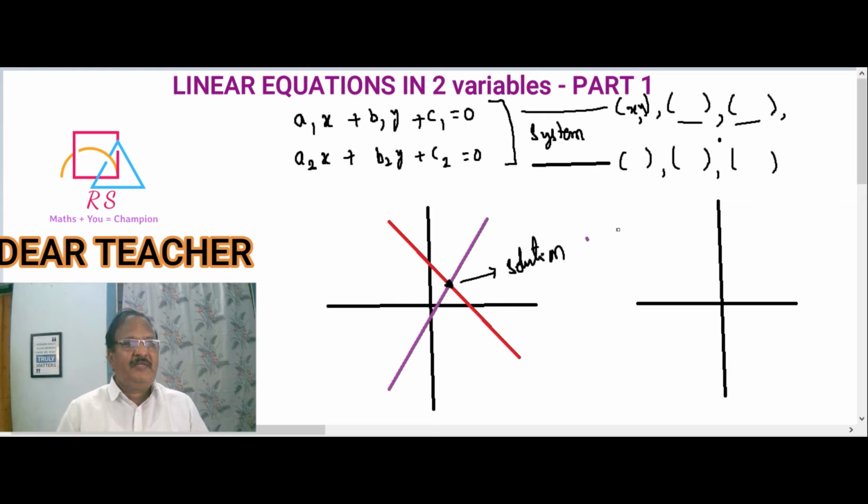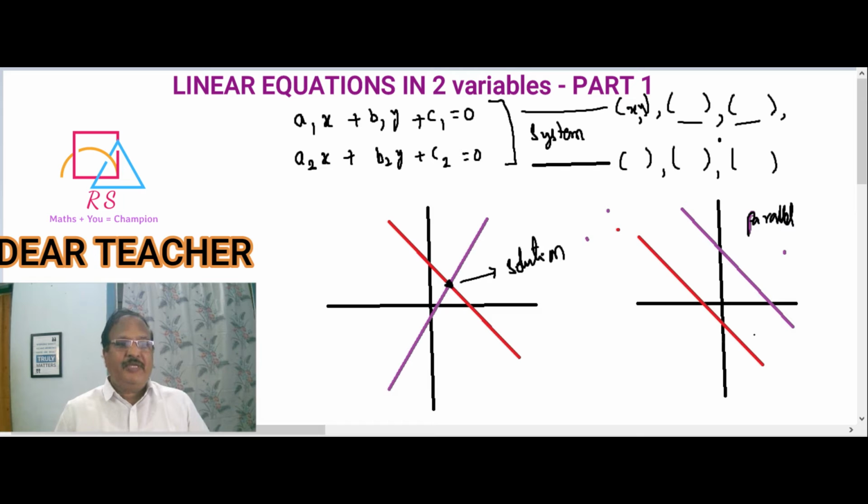One line will be like this and another line will be like this, parallel lines. In this case both lines are parallel. So here there is no solution.